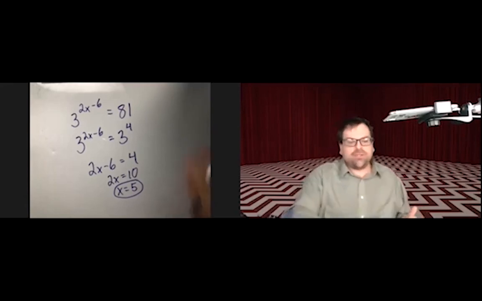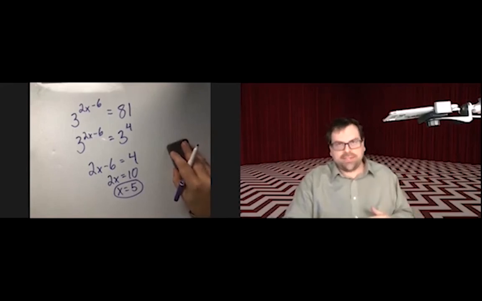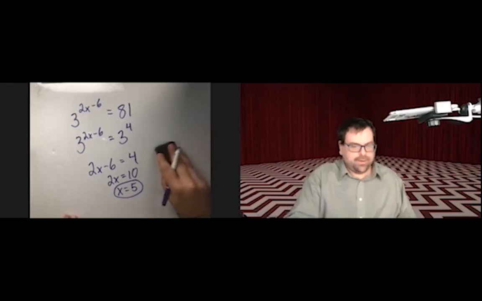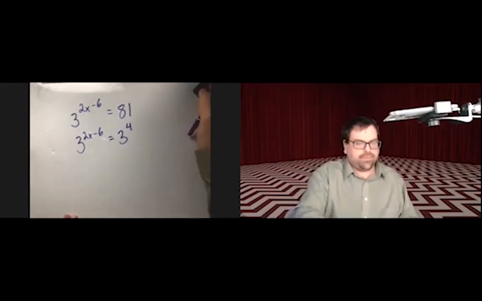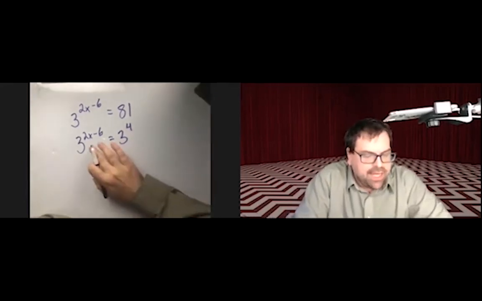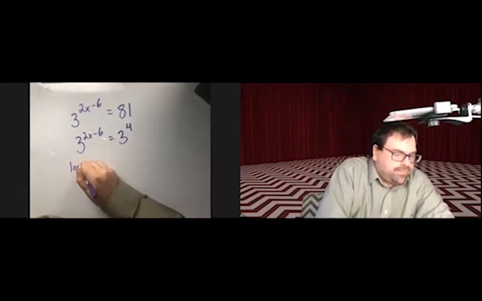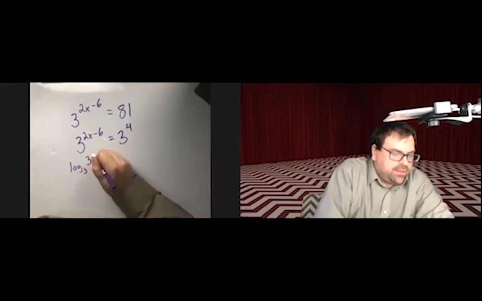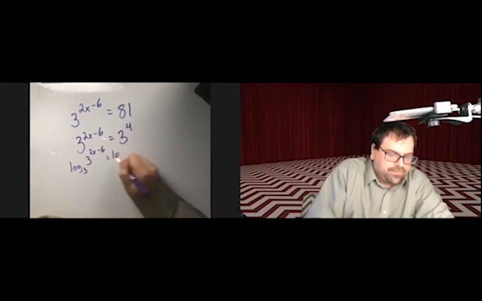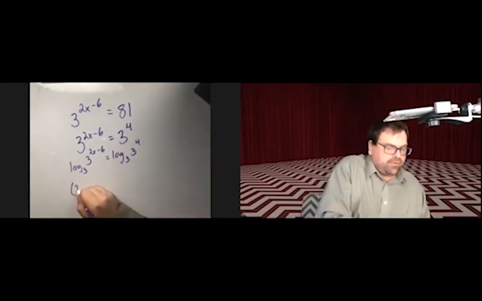The reason this works is because we're allowed to take the log of any base of both sides. So the extra steps here that we don't need to show because it's implied are that we're taking the base 3 log of both sides, then the powers are coming down front as multiplication.